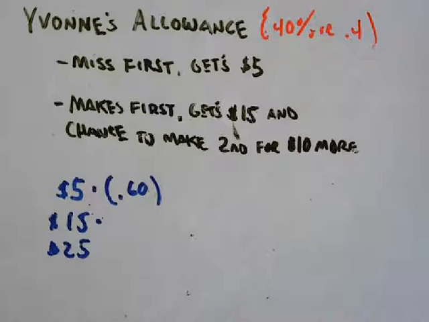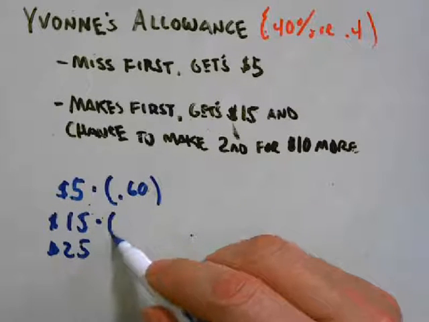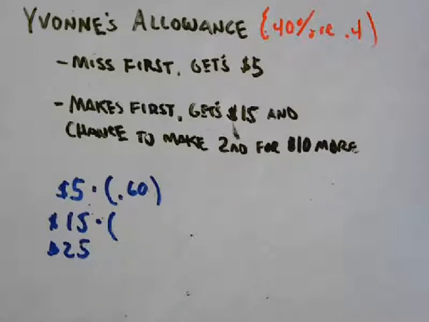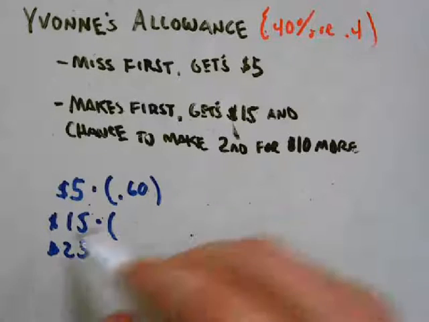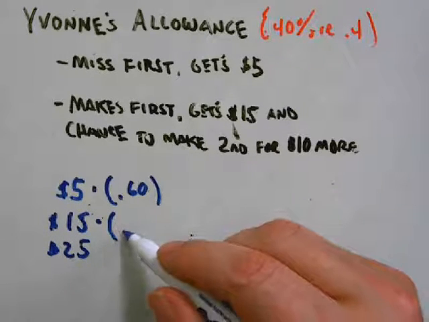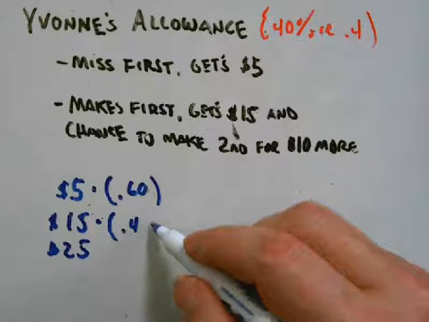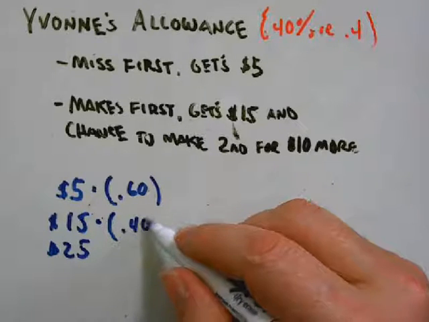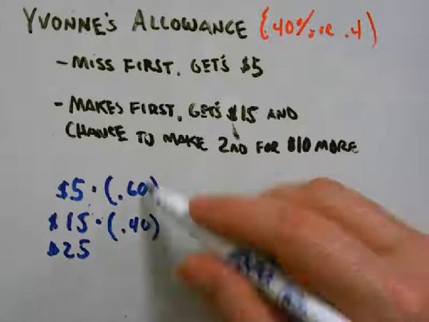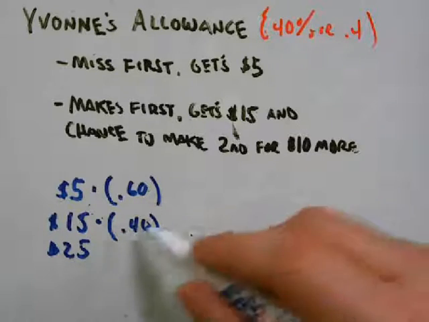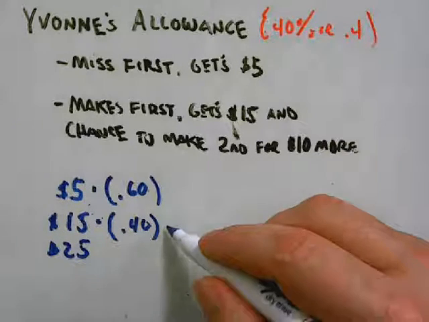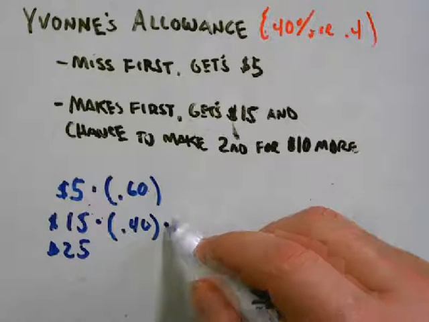Now, what has to happen for her to make $15? Well, her first shot, she needs to make it. So that's a 40% or 0.4. You don't really need these zeros here, but I'm just showing you where the 40% comes from. And since I said and, it has to be multiplied.